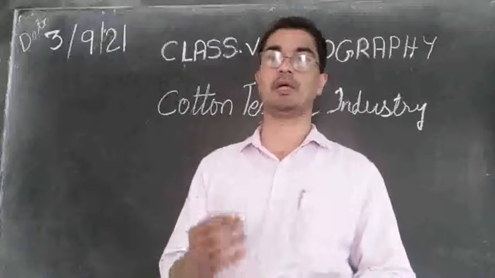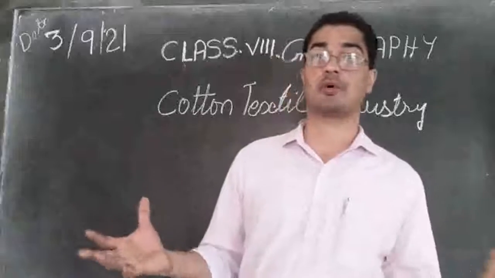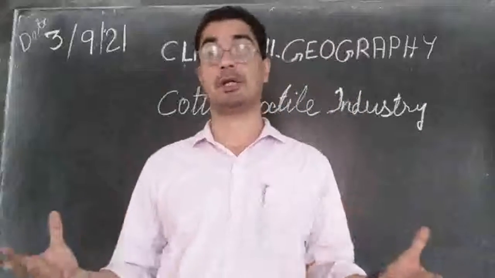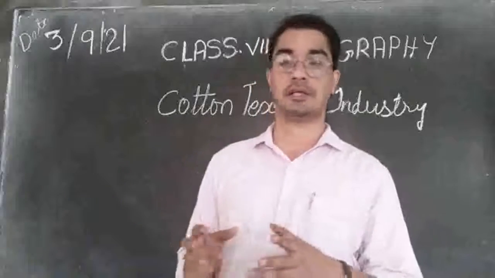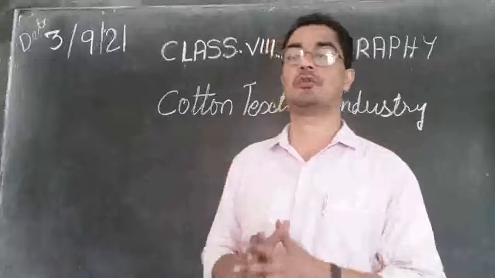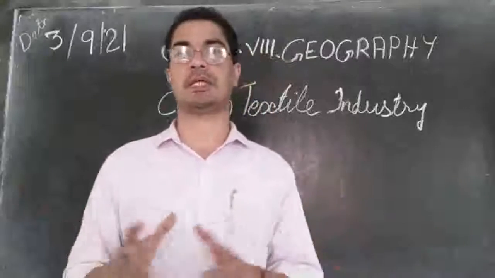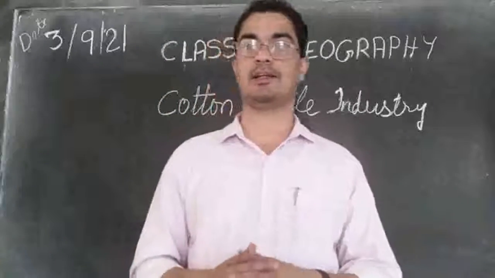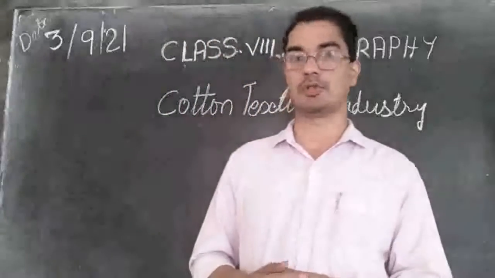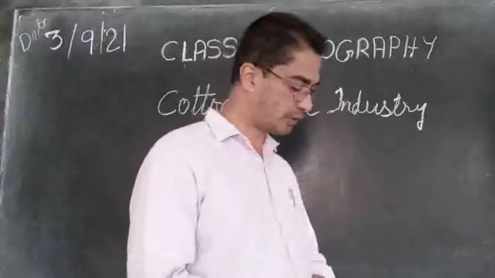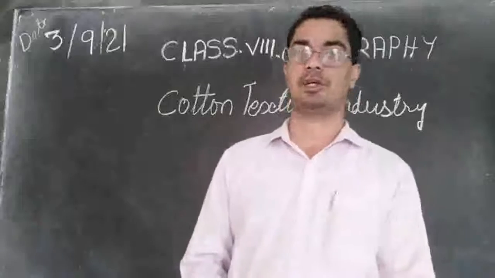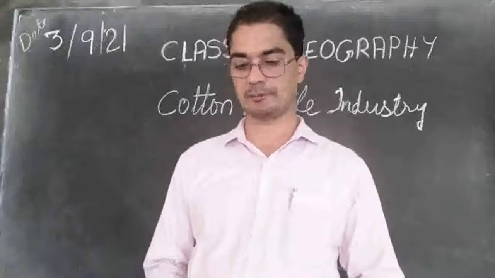It was started late, but now because of the availability of raw materials, skilled labor and port facility, it has spread to other parts of India, and in almost every state the textile industry has been set up. So that is all we have about industry and textile industry.